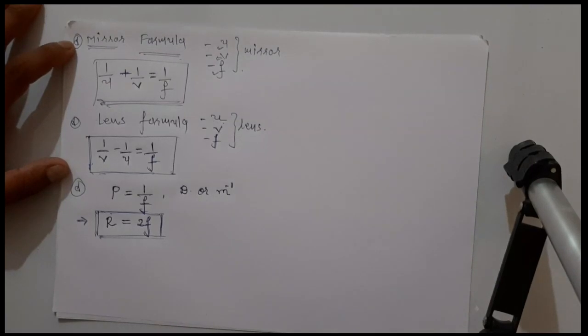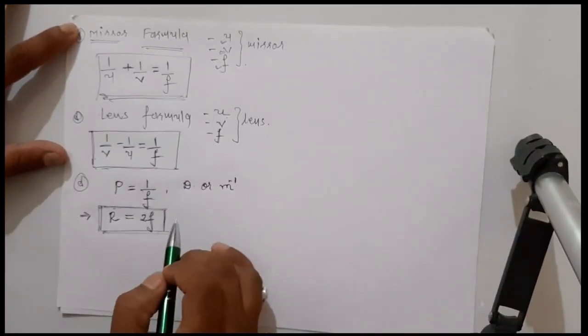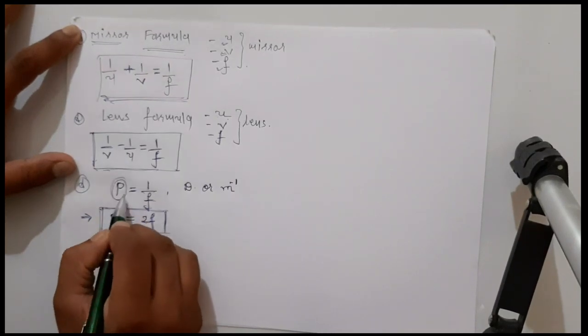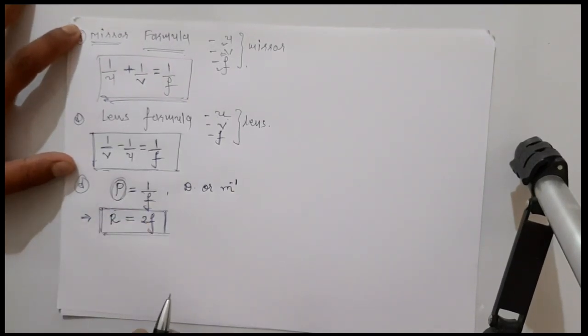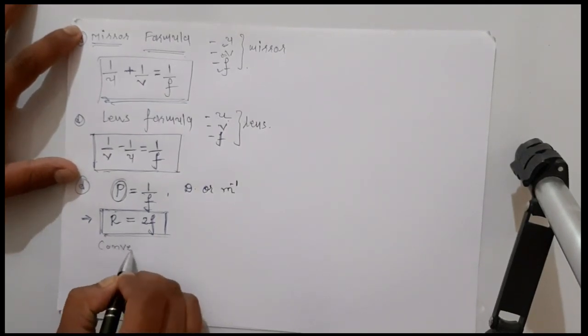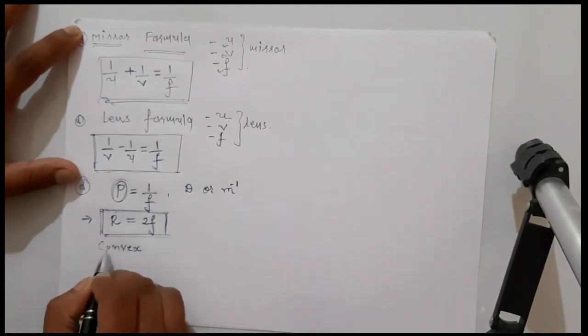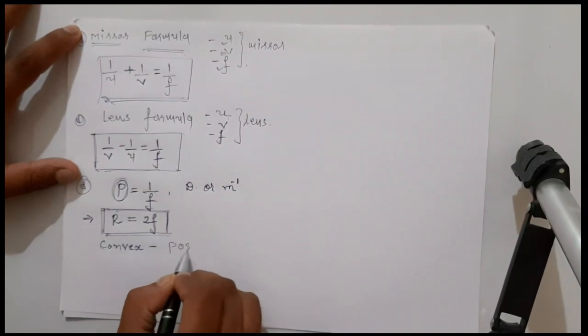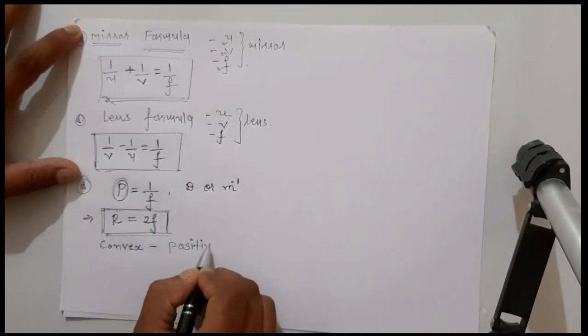Now, when we are calculating sums related to power, power can be positive and also negative. For a convex lens, our power will be positive.